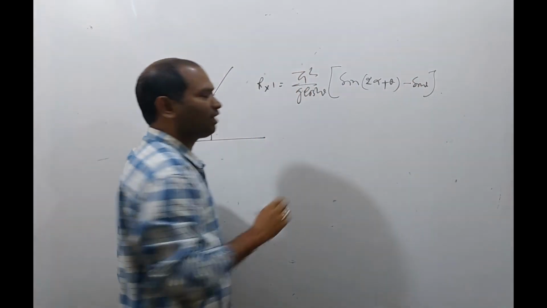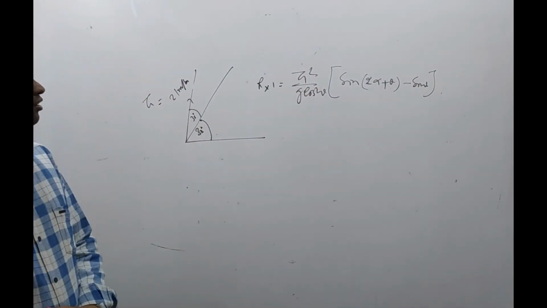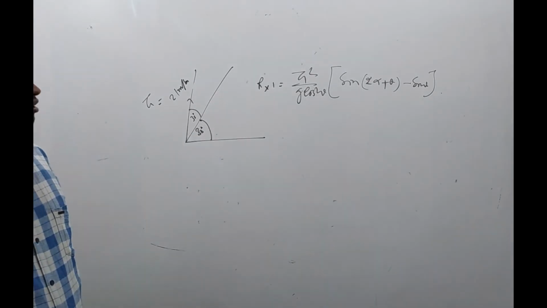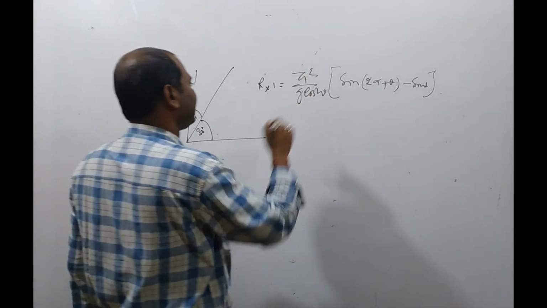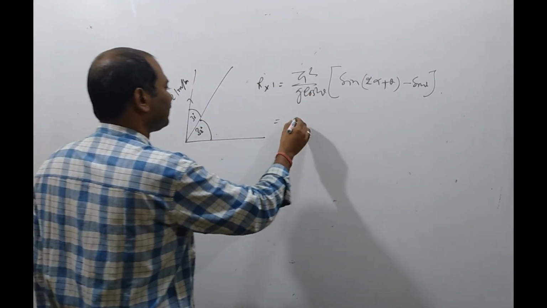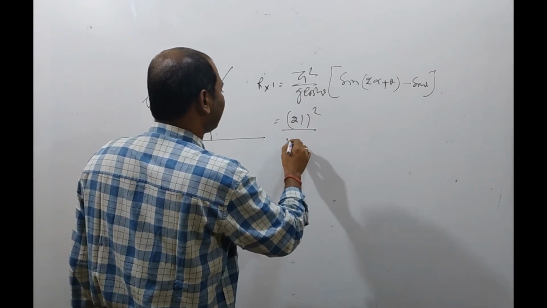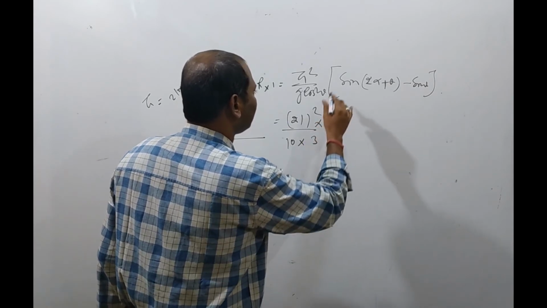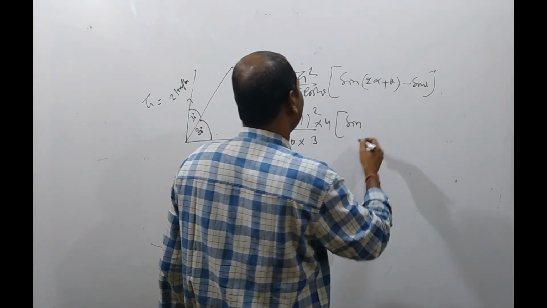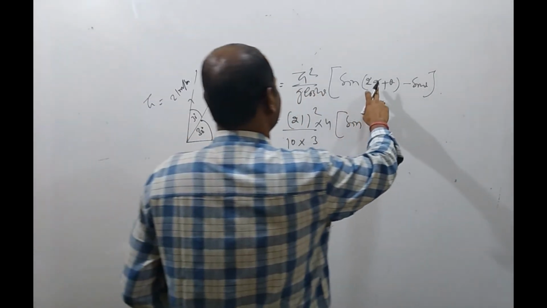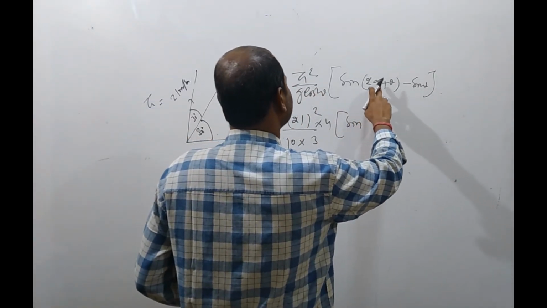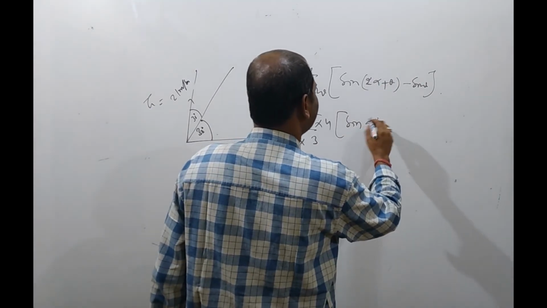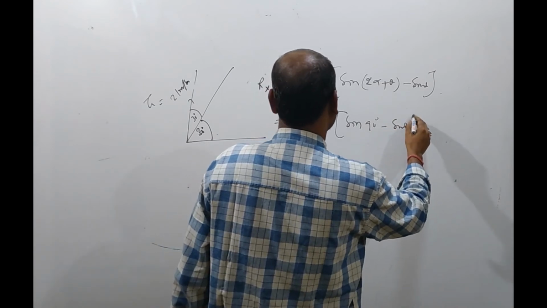This is the general expression. Theta you can put here 30 degree, u given here 21, so 21 square divided by 10, cos 30 that is root 3 by 2, that is 3 by 4, into sin 2 alpha, alpha is 30, 30 into 2 is 60, 60 plus 30 is 90, sin 90 minus sin theta.